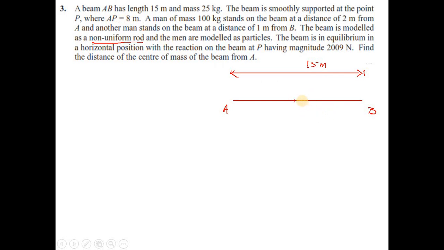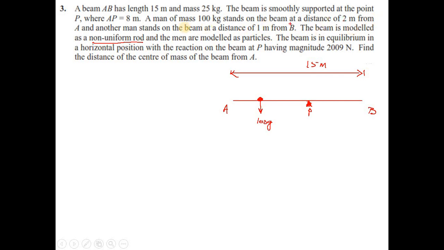So the middle is 7.5, which means it will be somewhere here. This is support P. And then a man of mass 100 kg stands on the beam at a distance of 2 meters from A. So a man is standing somewhere here. This is the man, mass 100 kg. That means weight is acting down with 100 G.